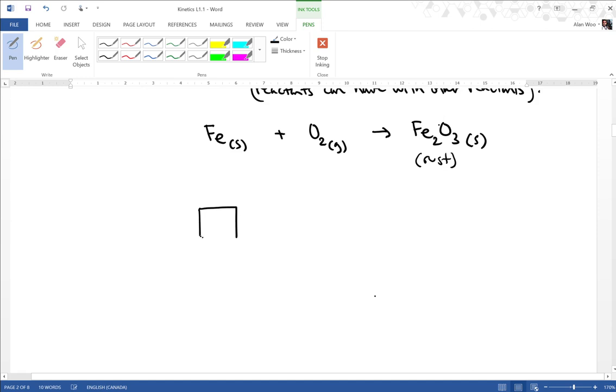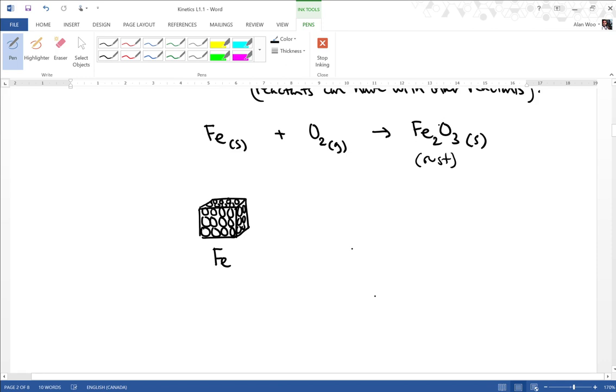So if I start with, let's say, a block of iron, and that iron block is made up of many atoms of iron. That's all packed in. So right now you can only see the ones that I'm drawing out.